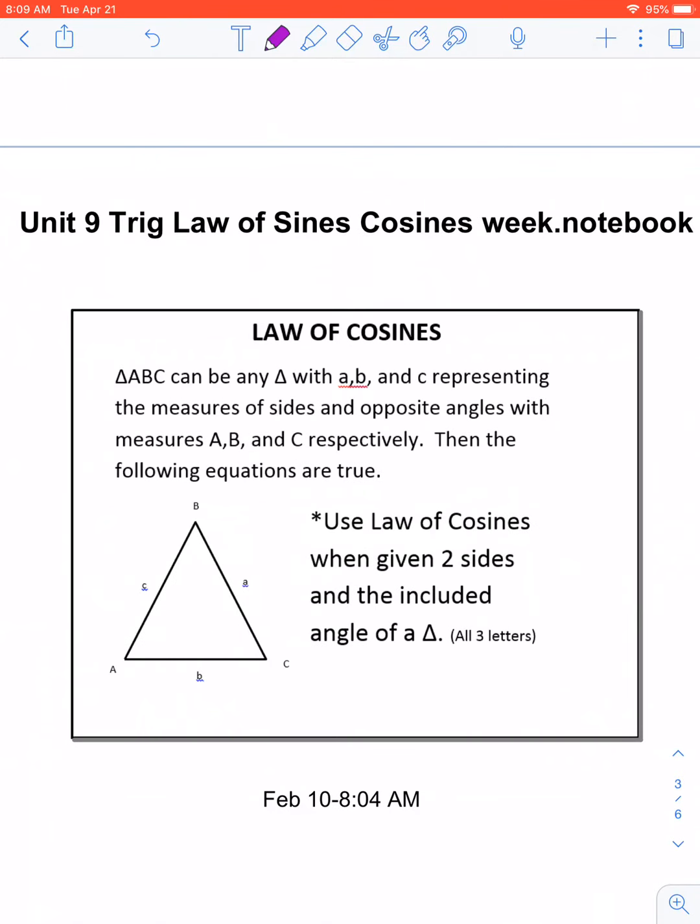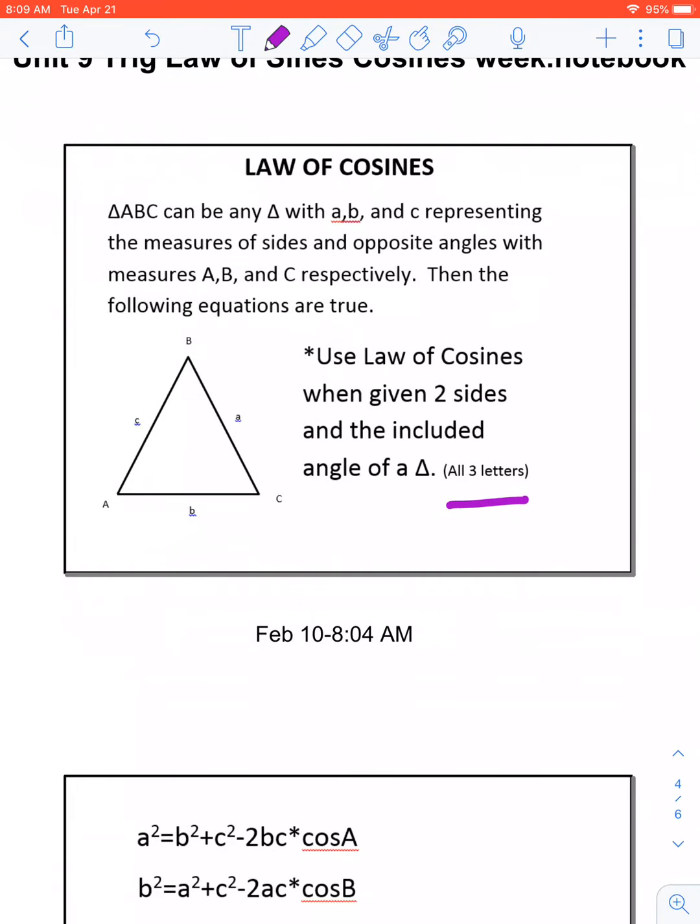Still a little confusing, like how do I use law of cosines? Well, what I always think of is when you're given all three letters. This is how I remember it. You use law of cosines when given two sides and the included angle, or all three sides.